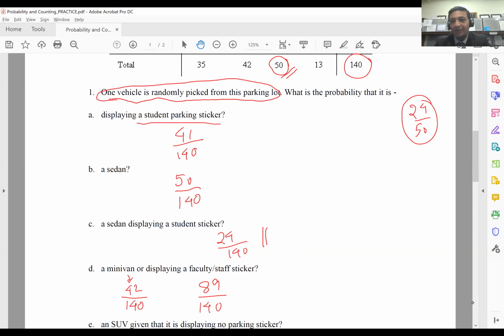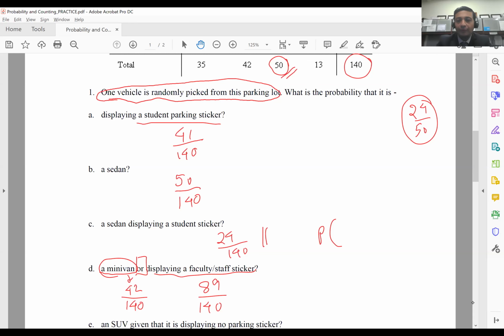So my question is, probability of finding a minivan or a car displaying a faculty staff sticker. So what else do we do? Class.